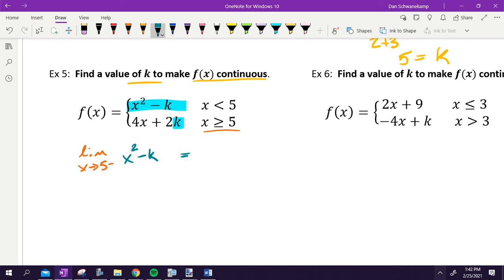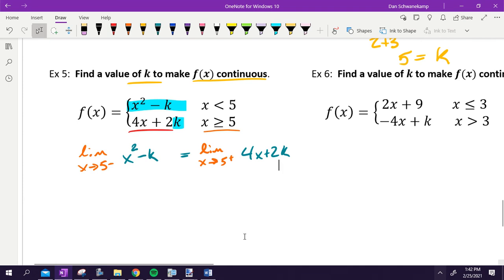I want to know when is that going to be equal to the limit as x approaches 5 from the right. And that's going to be this equation. When I find the limit as x approaches 5 from the right, that's also telling me the value because it's greater than or equal to 5. Go ahead and solve that thing.